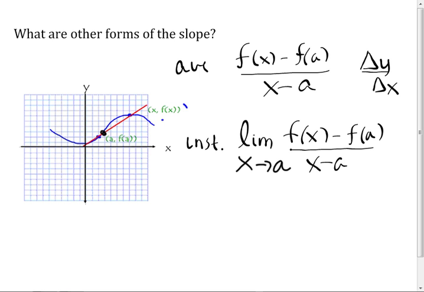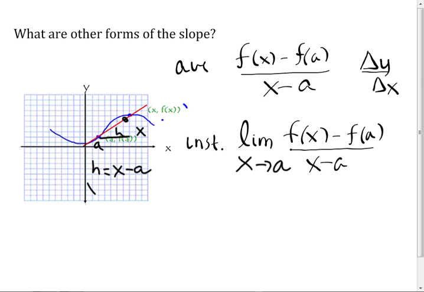Is that different than our other definition, Grant? No. Not really. Because this distance here is h. So I have a here. I'm going to get to x. What's h equal to, Eric? h equals x minus a, right?